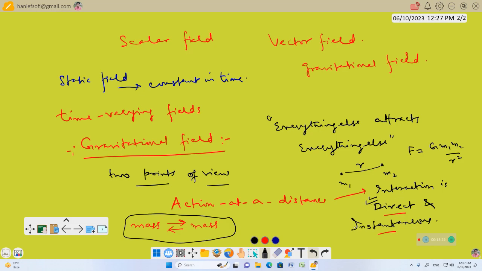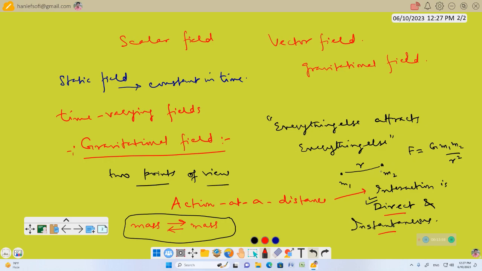What about instantaneous? See, from Newton's law of universal gravitation, you can see if you take some masses and fix them, and now change the distance between them, the force will change. If r is increased, force will decrease, and if r is decreased, force will increase, because F is inversely proportional to r square.